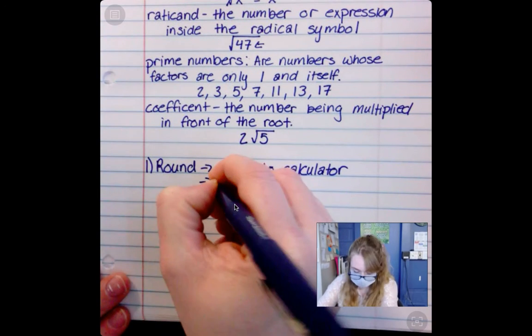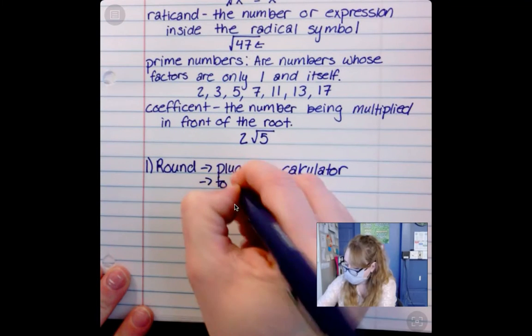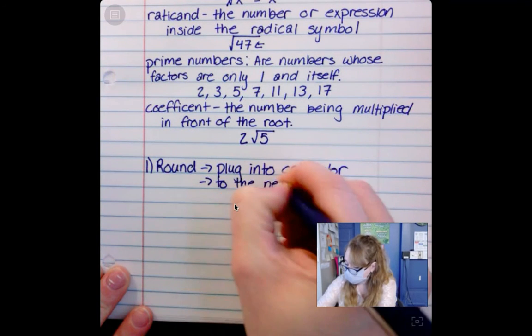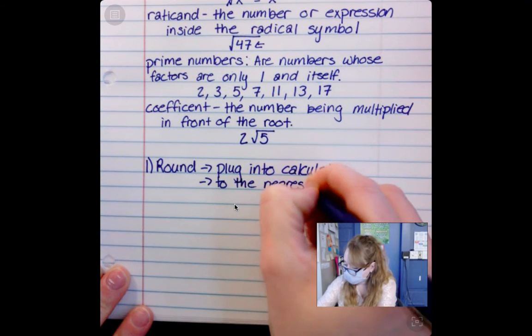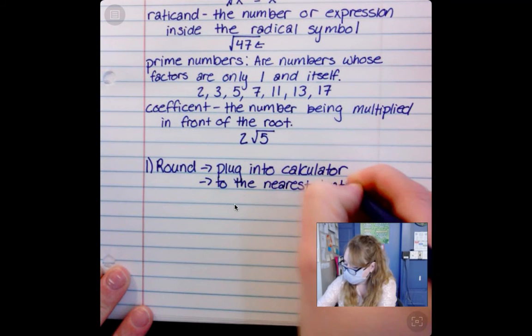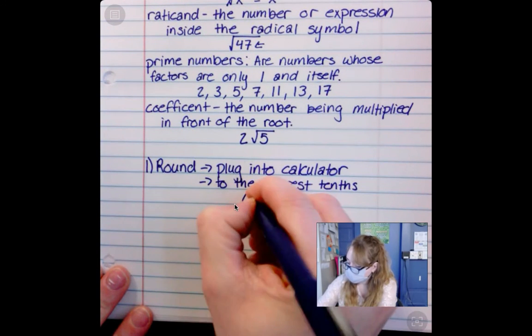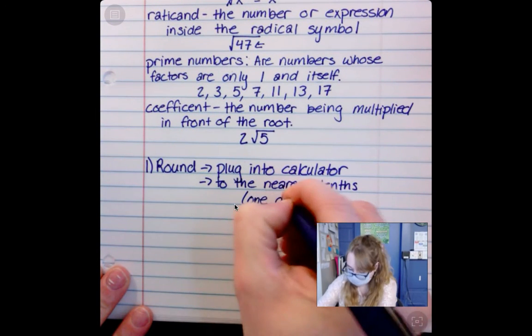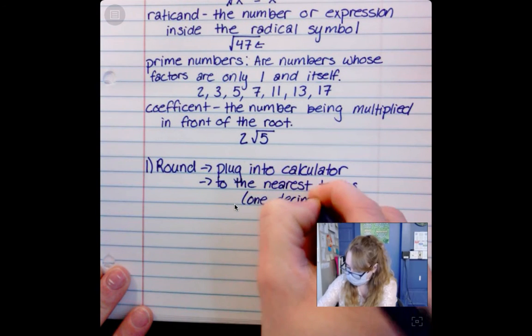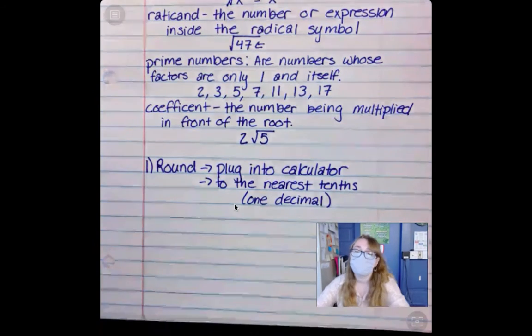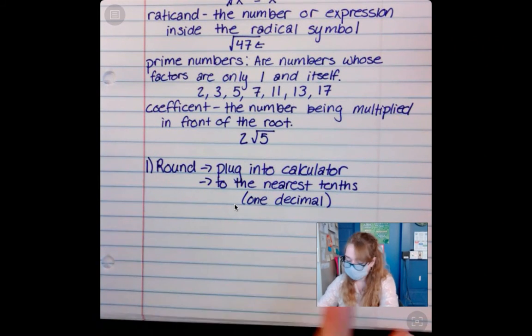I only want it to the nearest tenths. That is only 1 decimal. Okay? So 10.2, 9.7, 8.3, just 1 decimal.